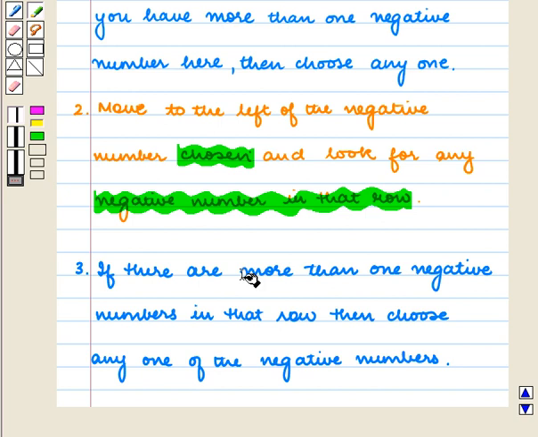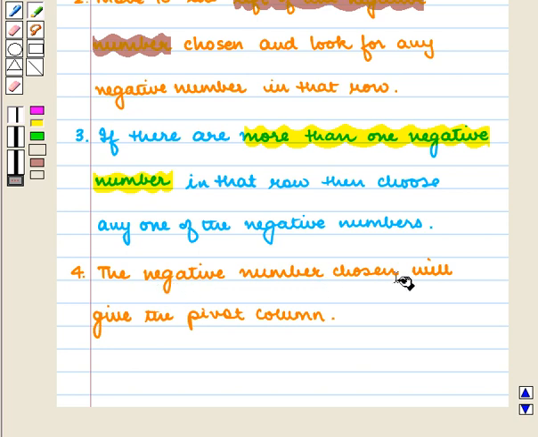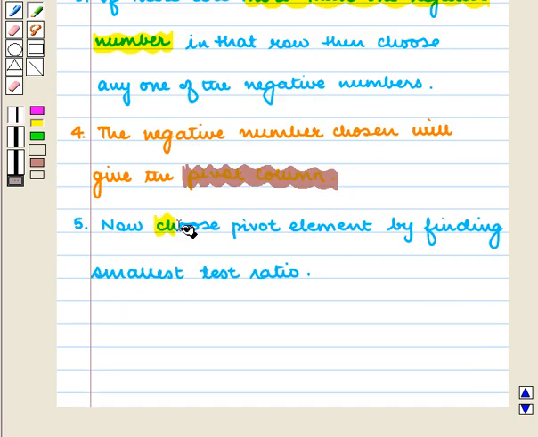If there is more than one negative number in that row, then choose any one of them. The negative number chosen will give the pivot column. Now choose the pivot element by finding the smallest test ratio.